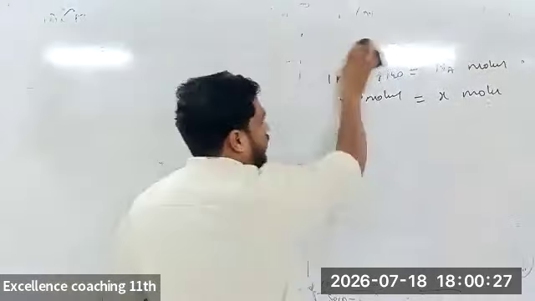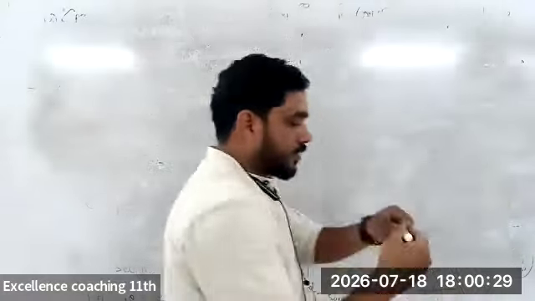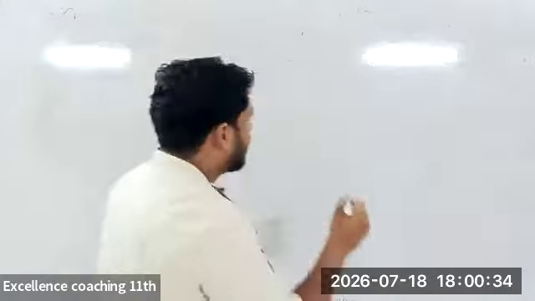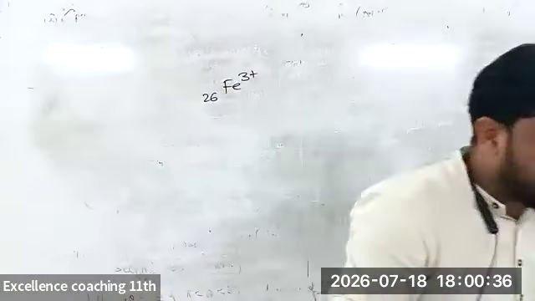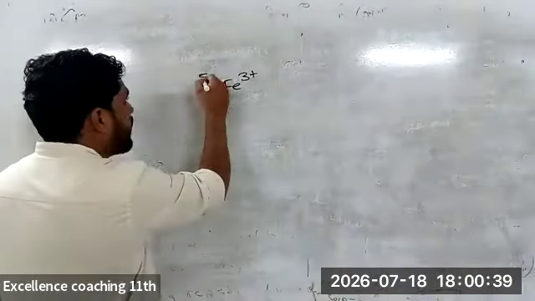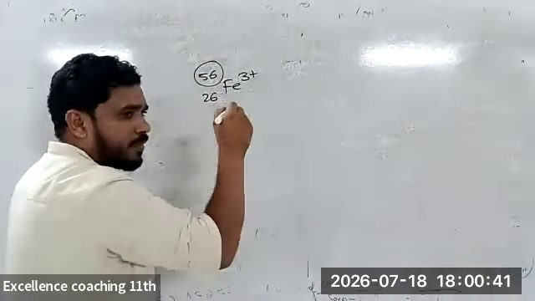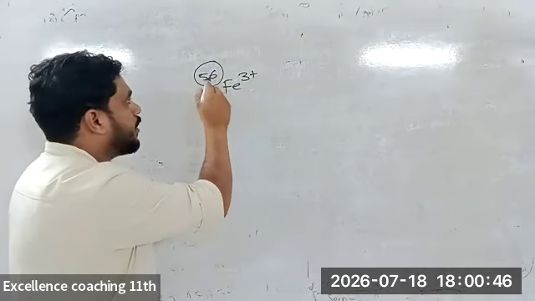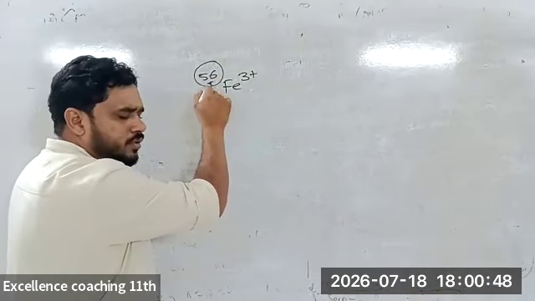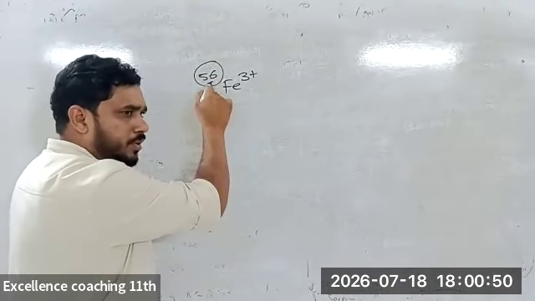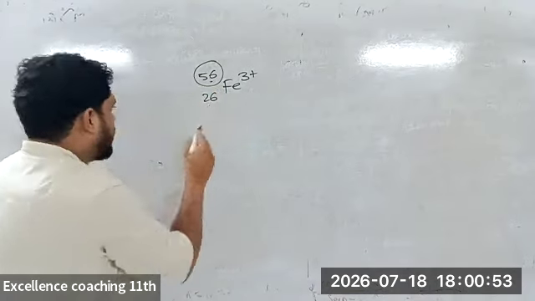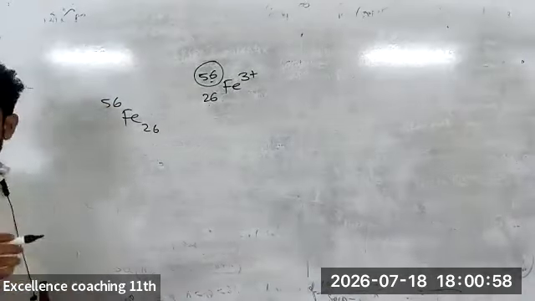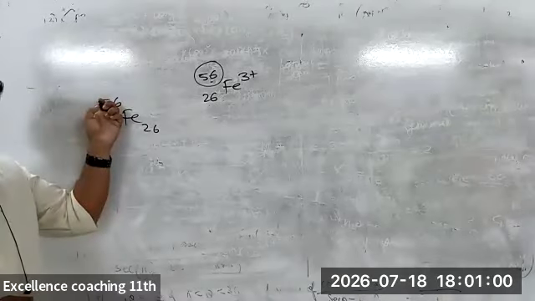Okay. Next question. Fe with charge 3+ is given, 26 is given here and 56 is given. What do we write here, students? See here, what is given and written here: atomic number and mass number.